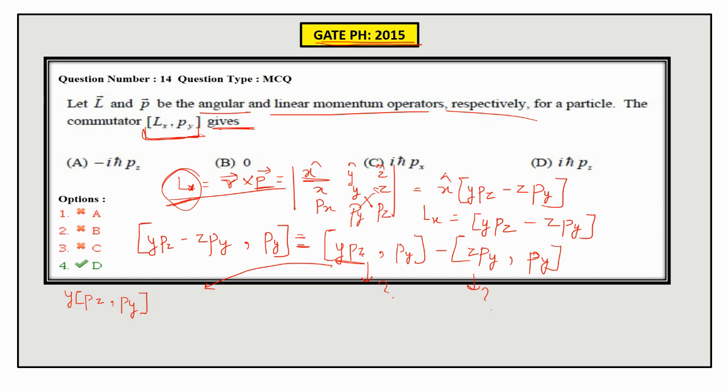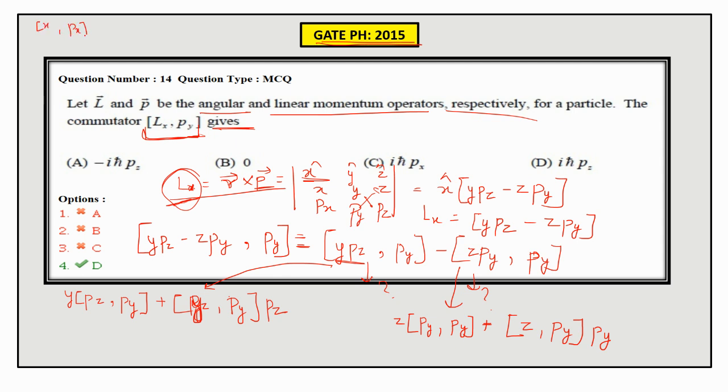First, this py is commuting with pz, and second, this is commuting with y, and pz will remain outside. Similarly, you can write it like this: then z py and this py. I hope you are well aware of the commutator relation.